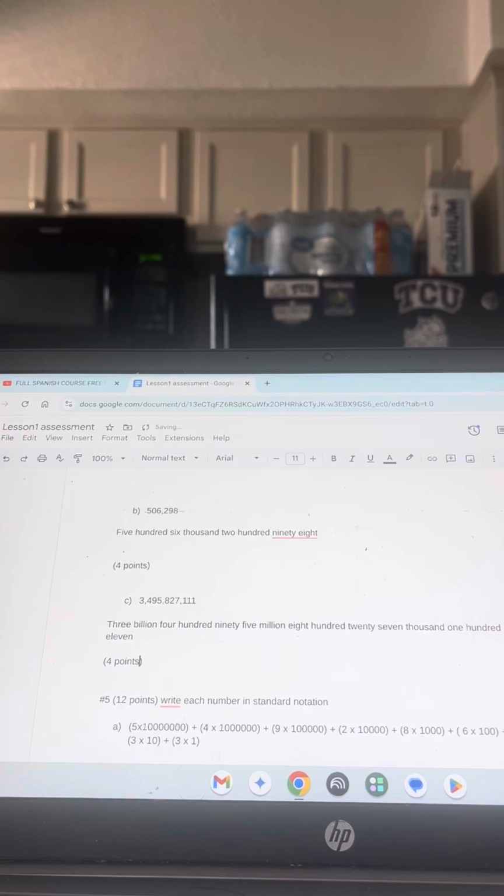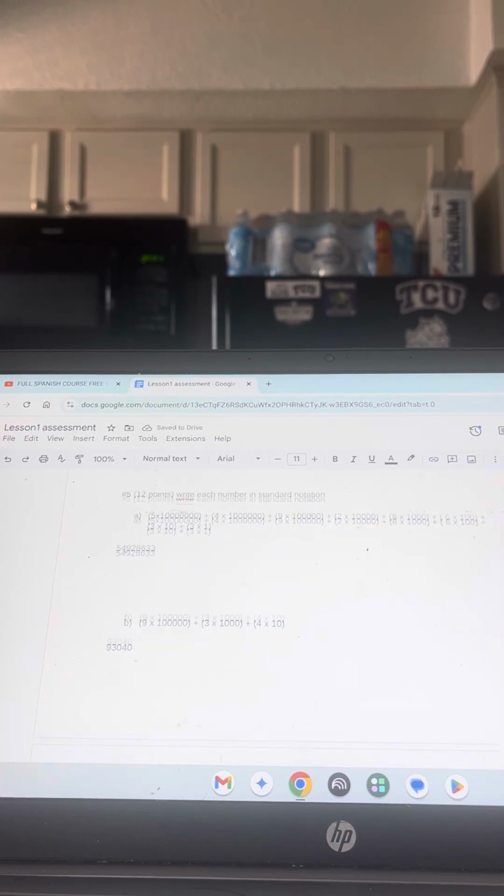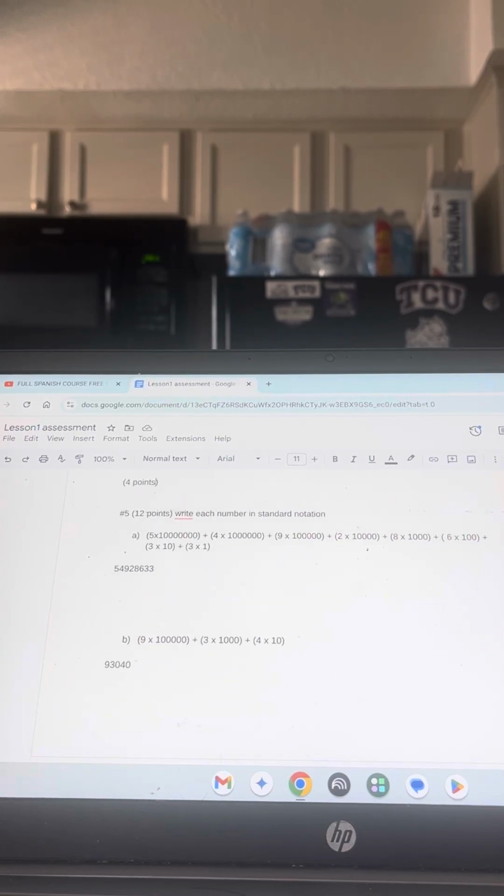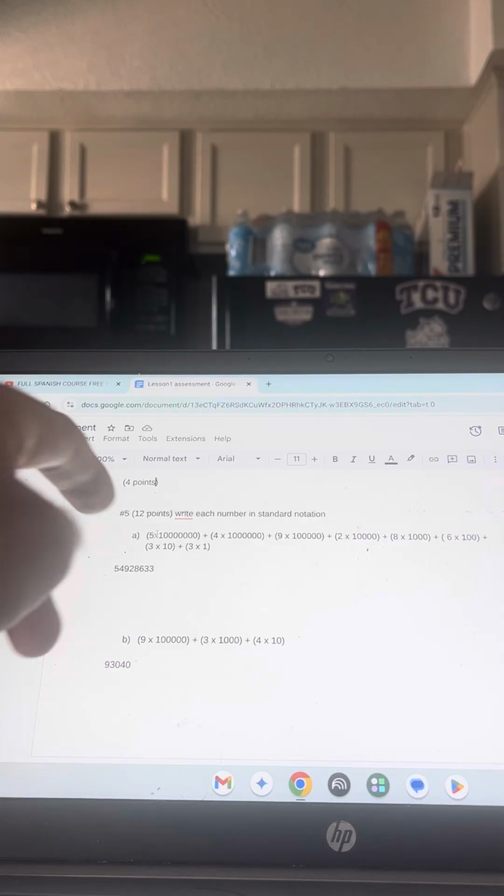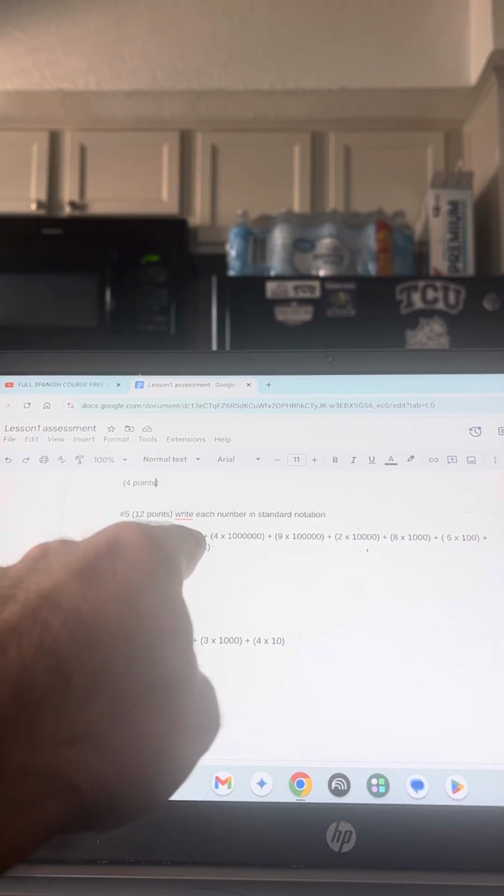Let's look at number 5 now. Oh, sorry. You write each number in standard notation. So this basically is telling you to convert this back into a regular number. So here I have 5 times, what's this number?